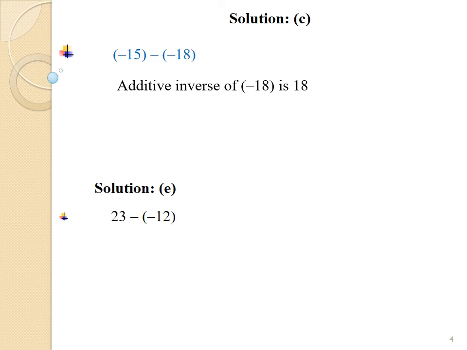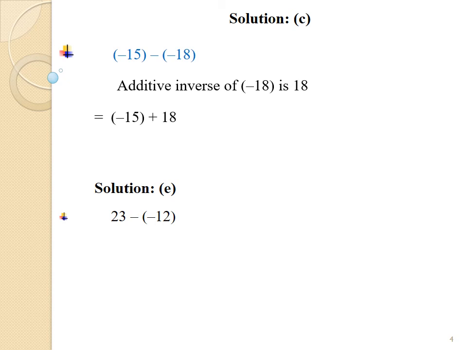Thus, converting the subtraction sign which is given after the negative integer minus 15 into an addition sign and writing the additive inverse of minus 18, which is 18, we get minus 15 plus 18.